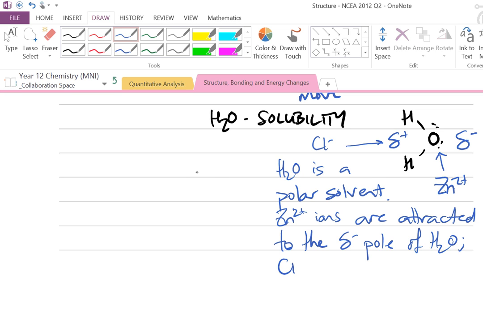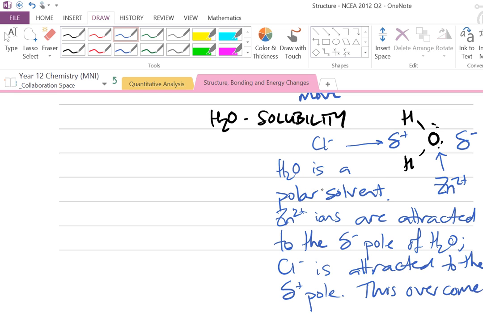And Cl- is attracted to the delta plus pole. This overcomes the ionic bond, so zinc chloride is soluble.